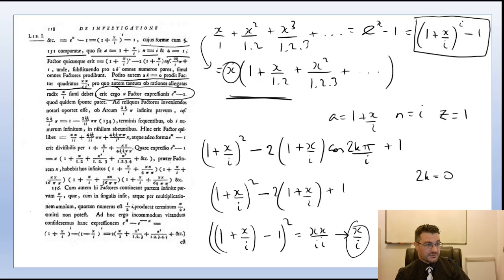So therefore, what he says here is that setting 2k equal to 0 produces the quadratic factor xx over I, of which we ought to take only x over I as a factor.